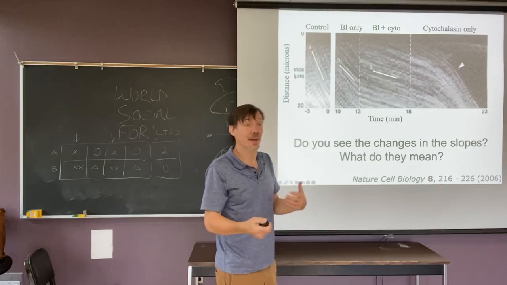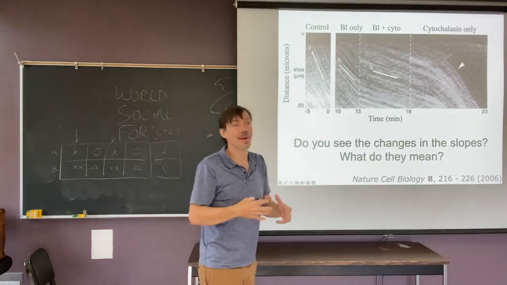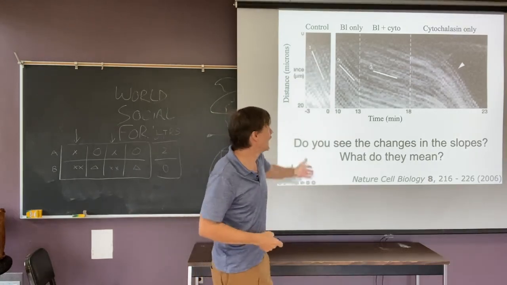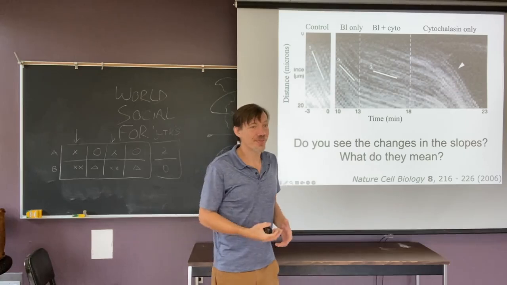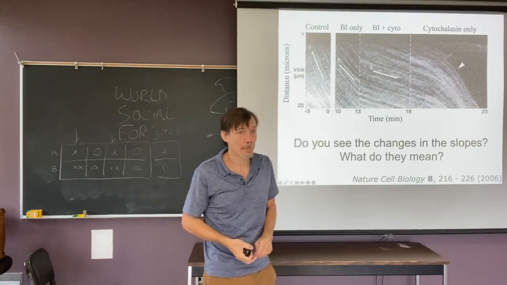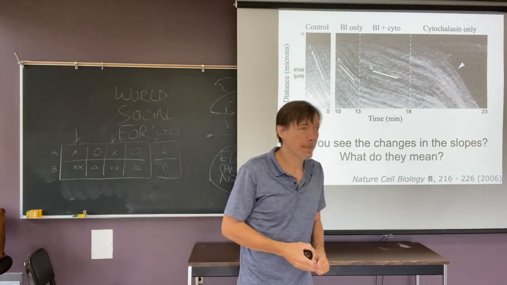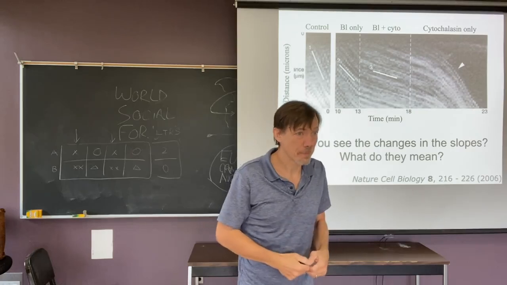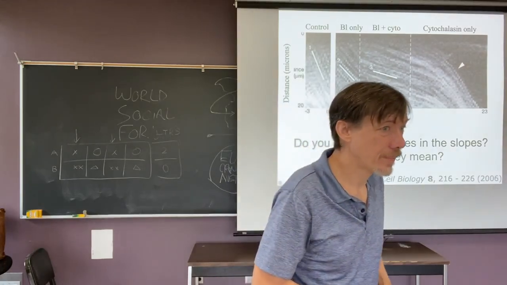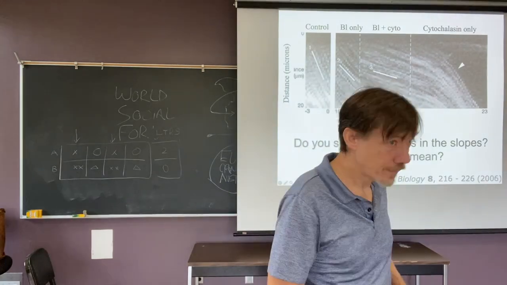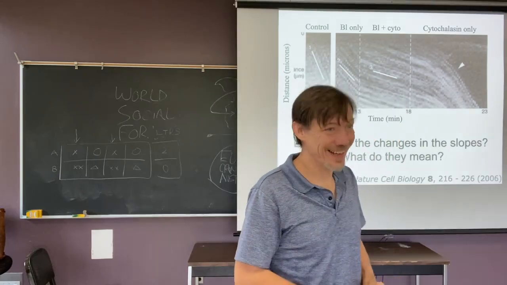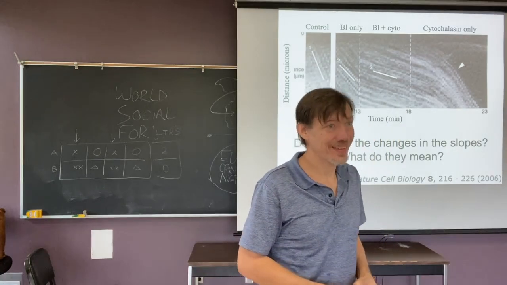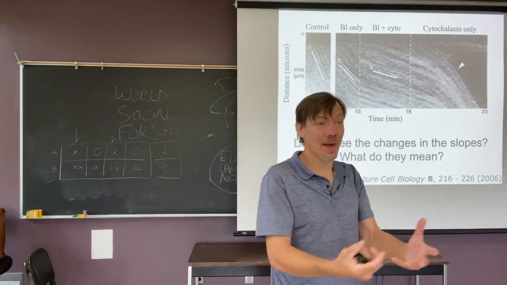It's increasing. And I guess, what are the implications of these data then? It means if you want to reduce the speed, you need both blebbistatin and cytochalasin. Yeah.